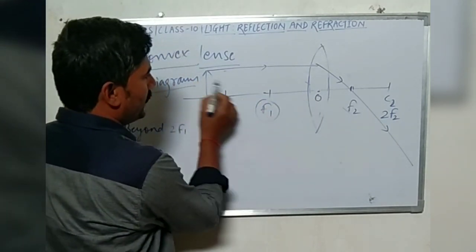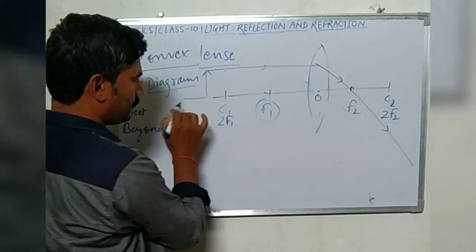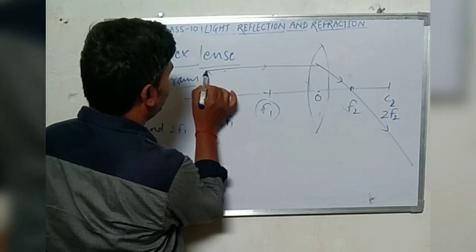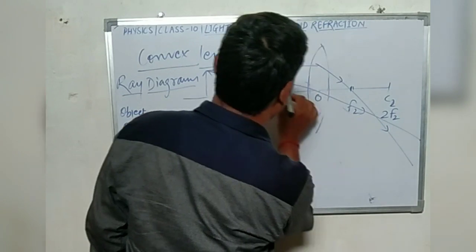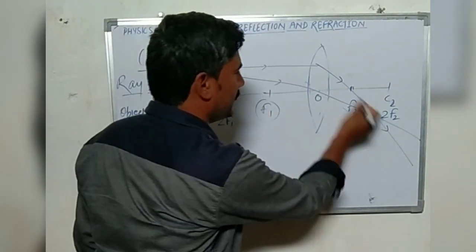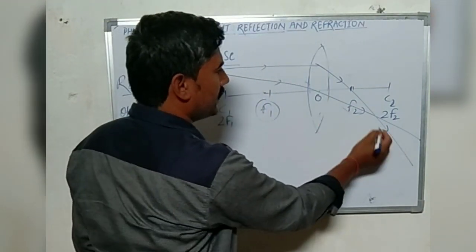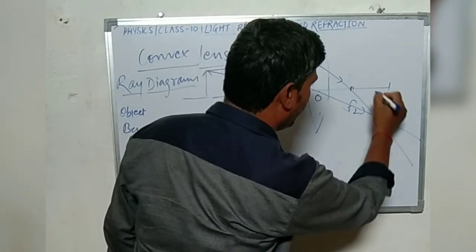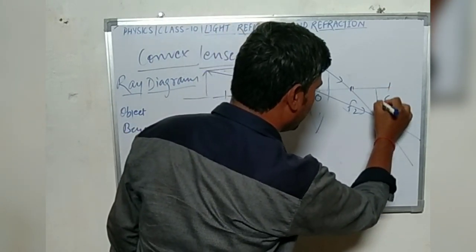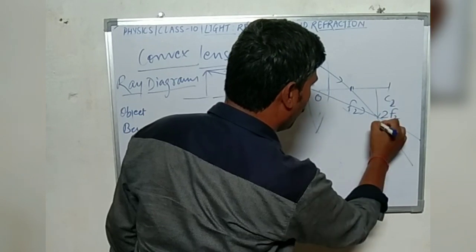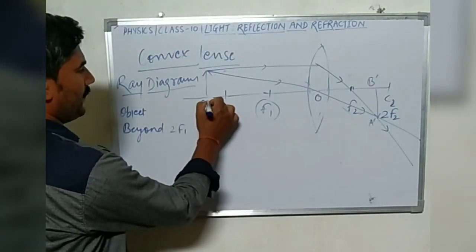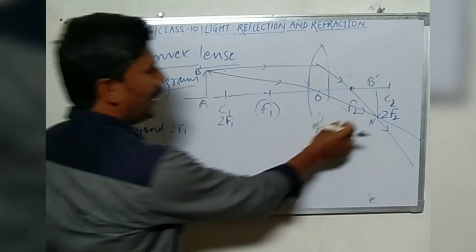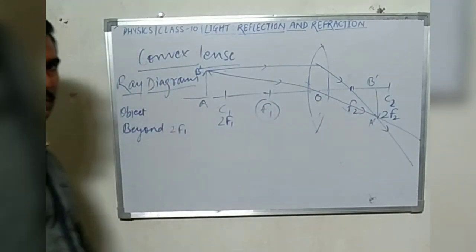Another ray of light passing through the optical center goes undeviated and intersects the first ray between F2 and 2F2, and hence it forms the image between F2 and 2F2.